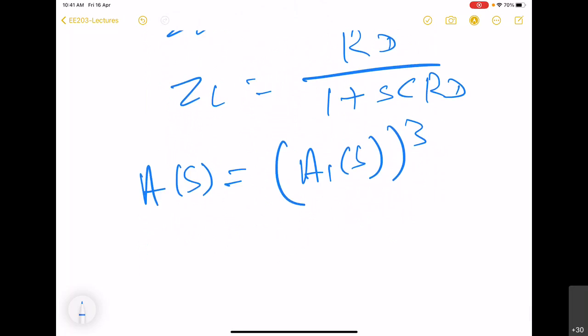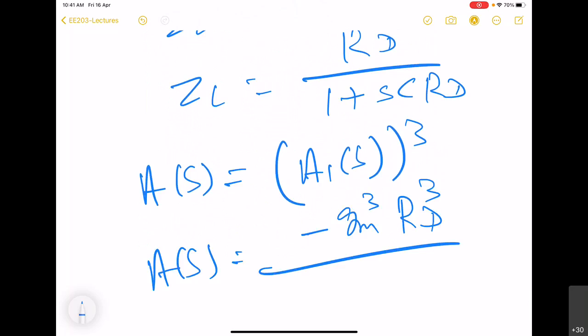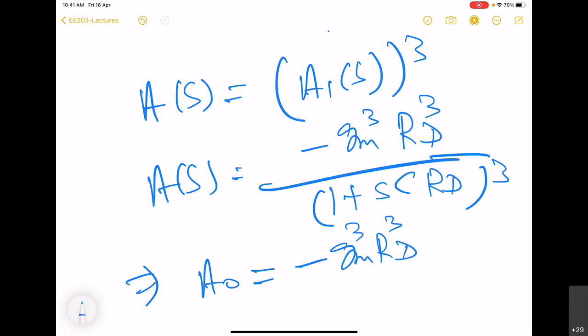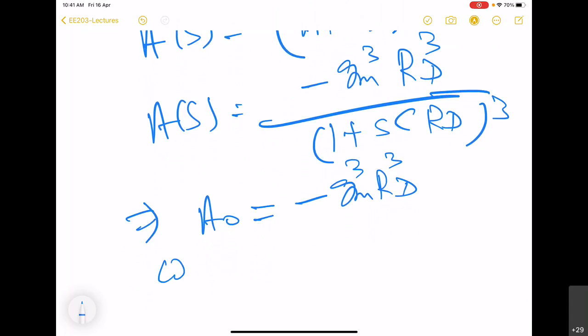So this is going to be minus gm cube RD cube divided by (1 plus sC RD) whole cube. So here we find that the DC gain is going to be minus (gm RD) cube, and the pole is going to be at 1 by C RD.